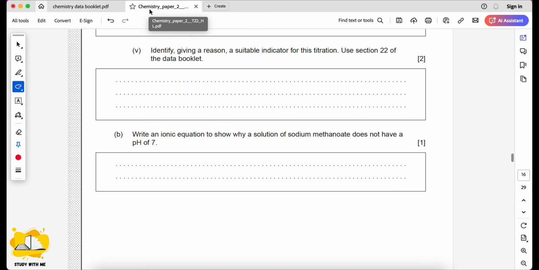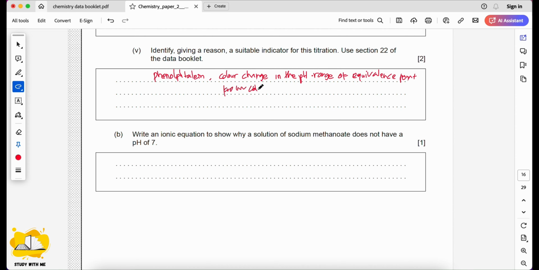So that will be the indicator. Therefore, the answer will be: color change in the pH range of the equivalence point, from colorless to pink. Okay, weak acid versus strong base, pH bigger than 7.